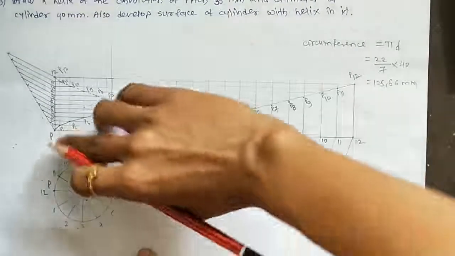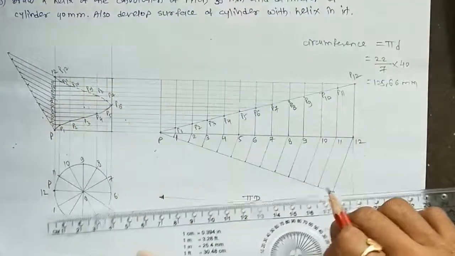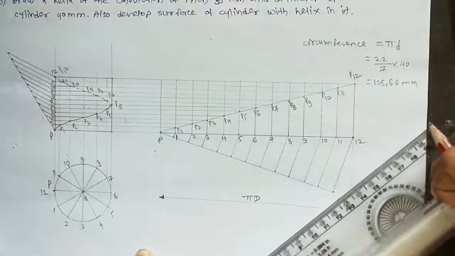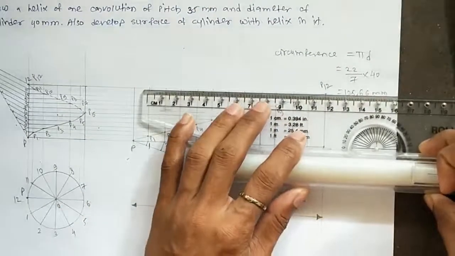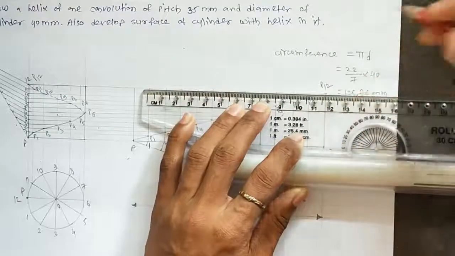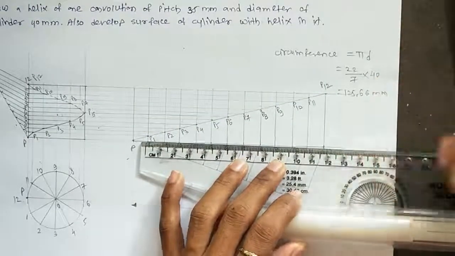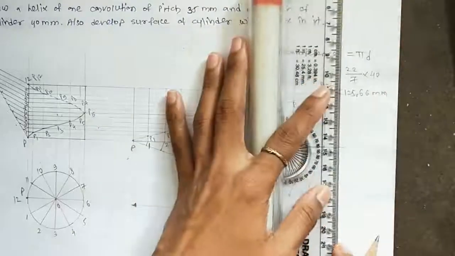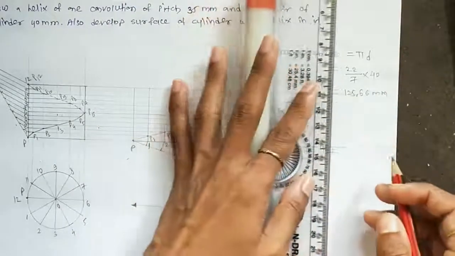Now this distance is nothing but the pitch. So I will give this distance on this side. It is the pitch having 35 mm.